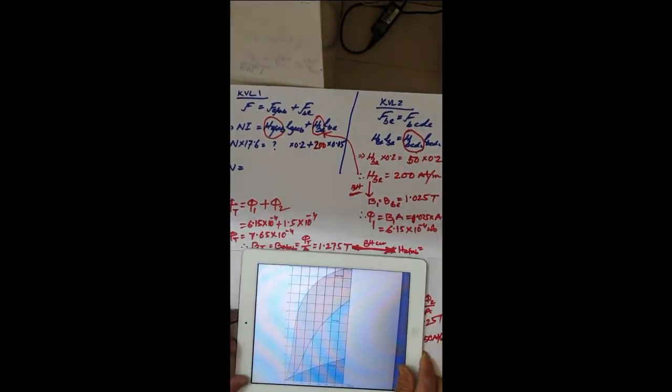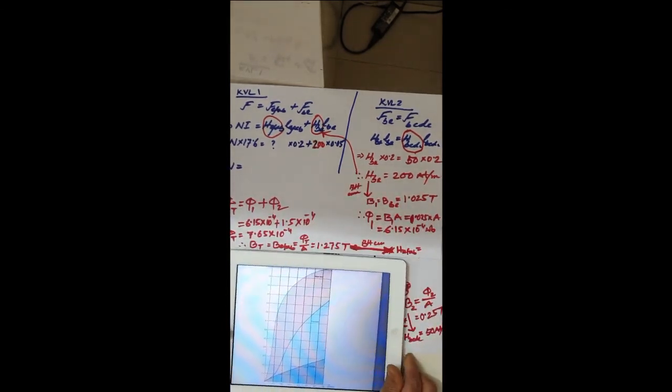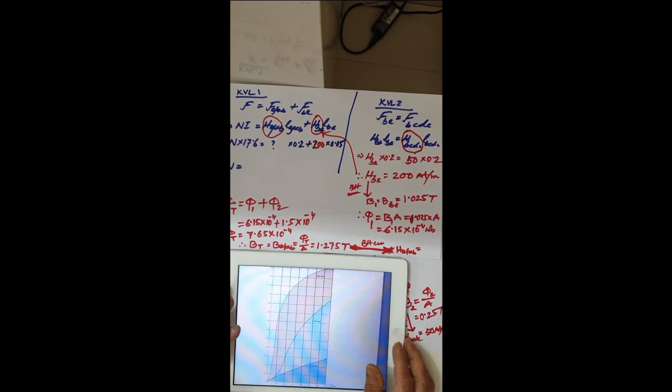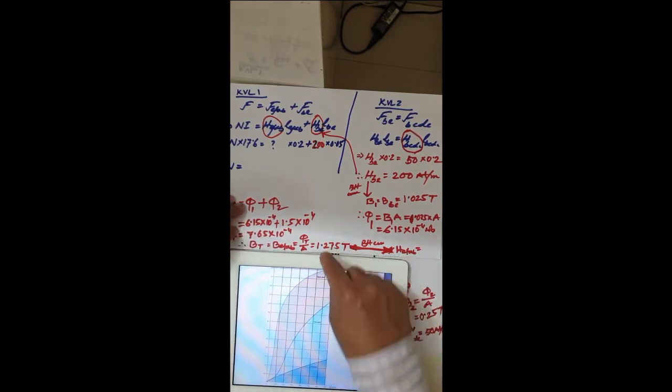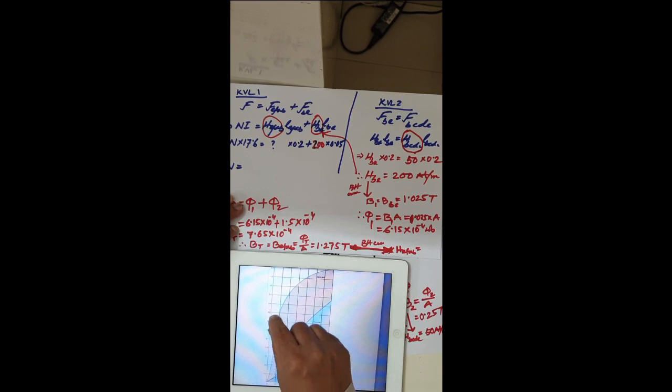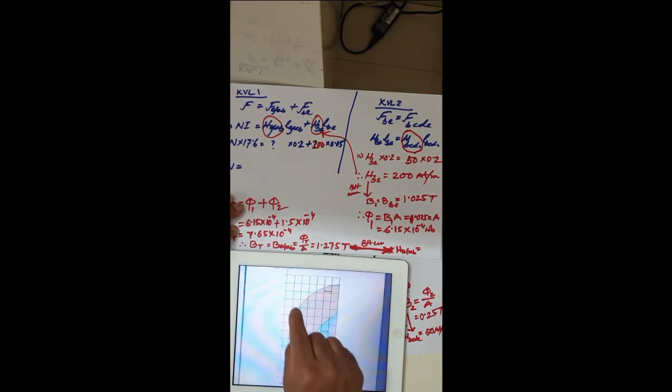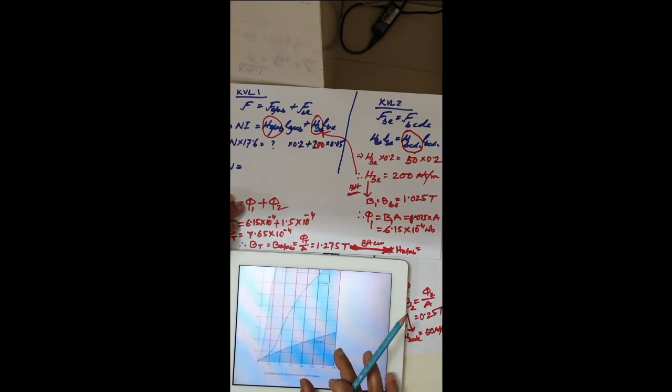Go back to the BH curve again. For 1.275, where is that? 1.1, 1.2, 1.275 is somewhere here, and if you go along this line straight across, it intersects somewhere here, in the middle of 500 and 600.